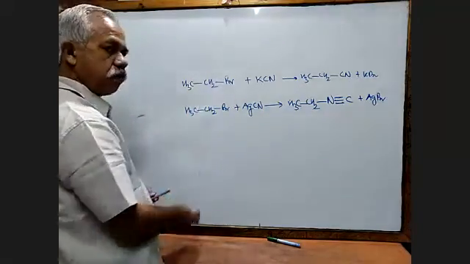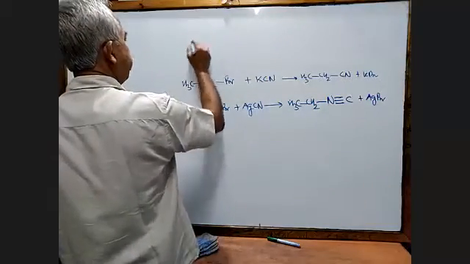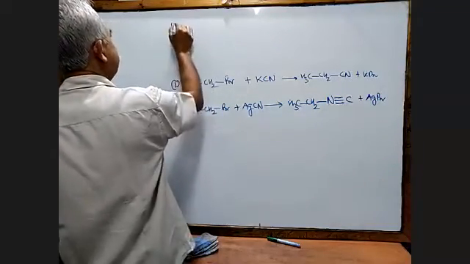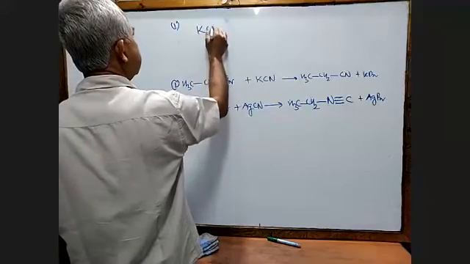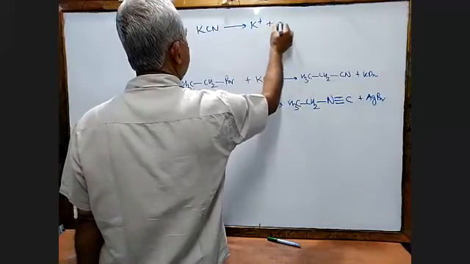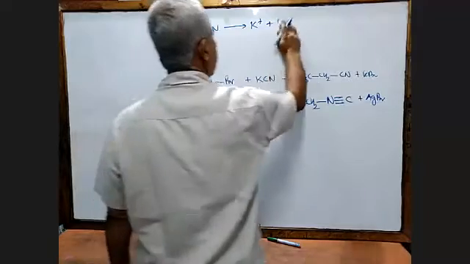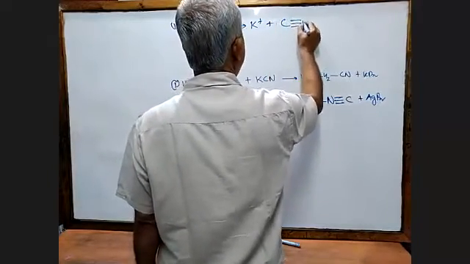Now, why does it happen? Look here. See, potassium cyanide is a strong electrolyte, so you will get this.